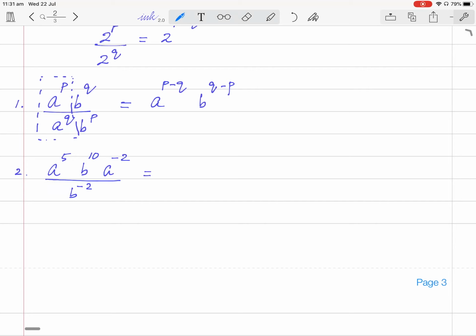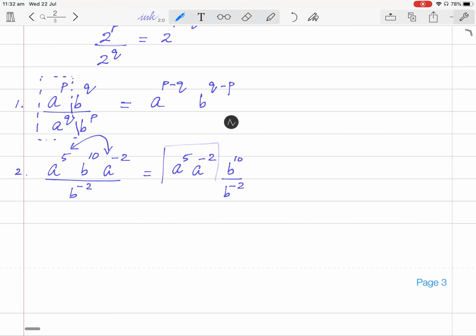What we typically do is group the similar terms. So we group the a terms: a to the power 5, a to the power minus 2. You can do it because in between you have multiplication. And then we group the b terms: b to the power 10 and b to the power minus 2.